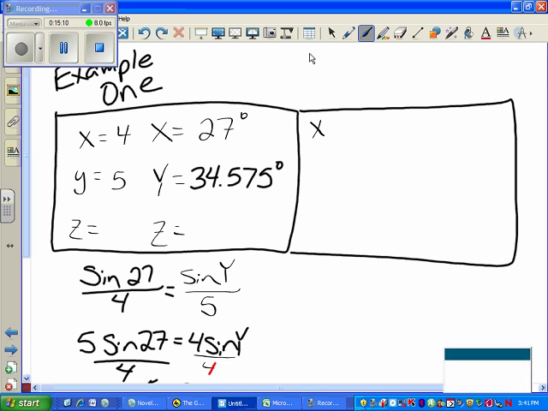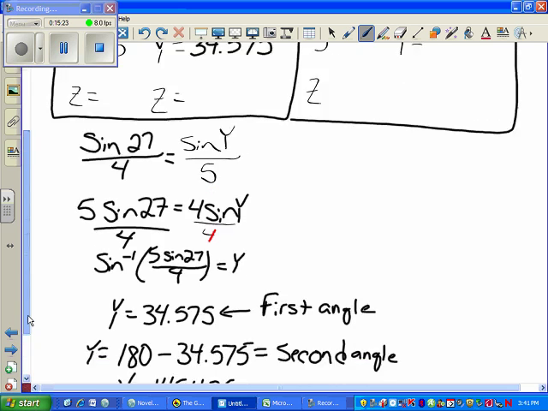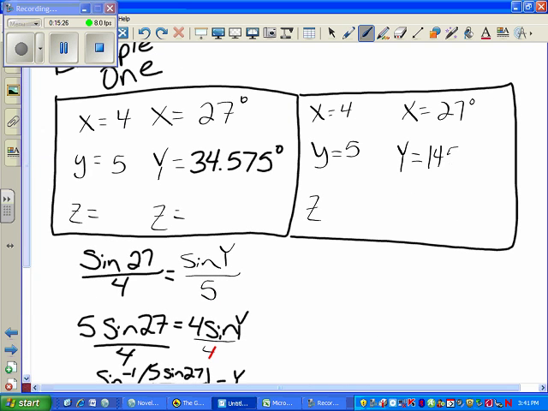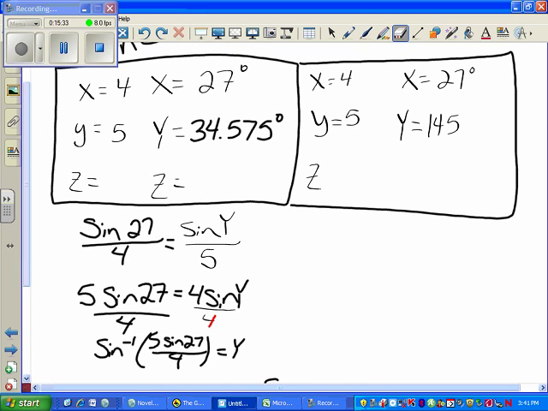X, Y, Z, and then X. Now this Y is, what did we just say? 145.425. That's how easy this is to find that second angle. Okay? Now what could we do?